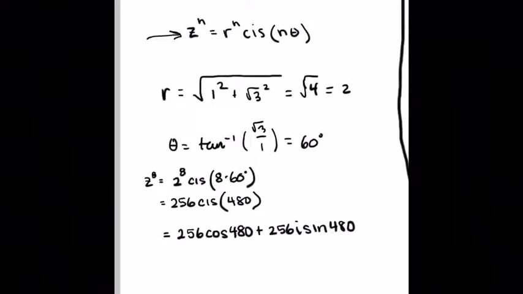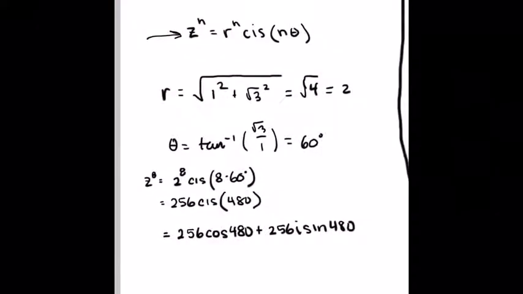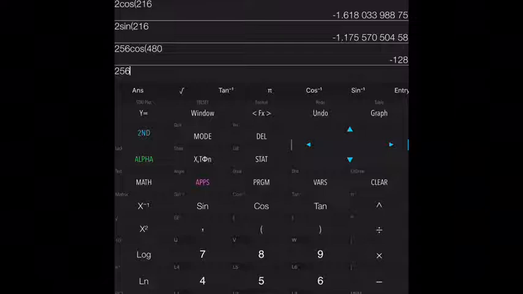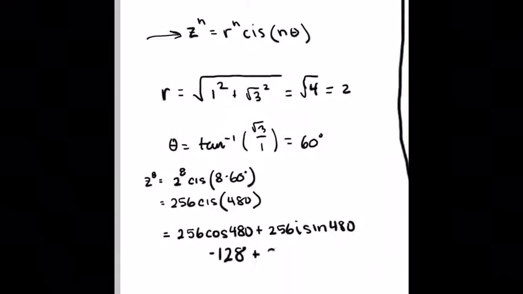So we just need to figure out now the cosine of 480 and the sine of 480. That's negative 128. That's 221.7.